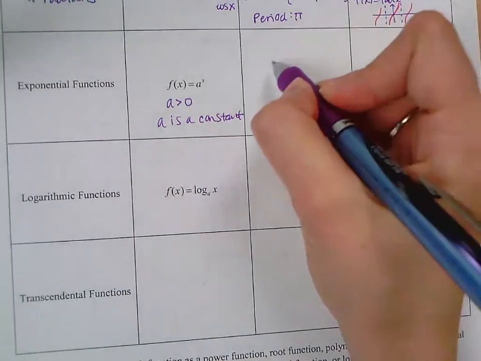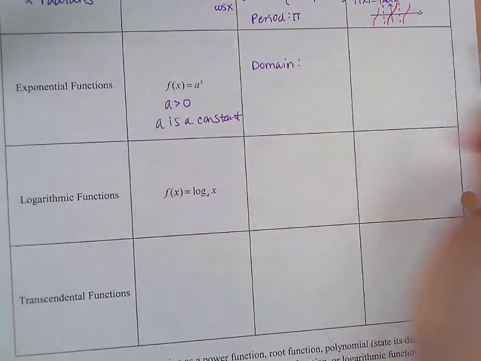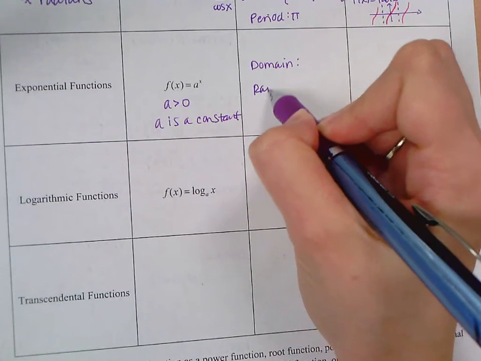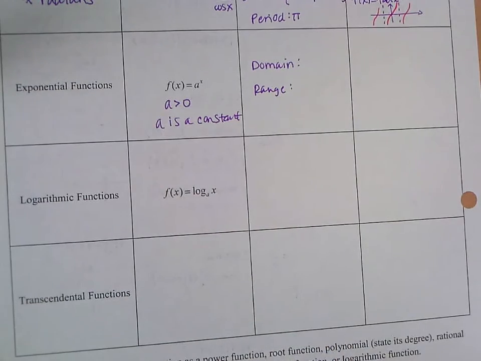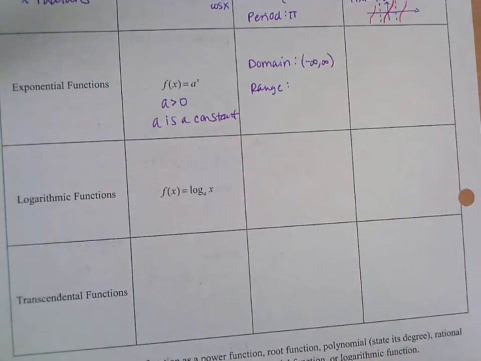Domain for exponential functions. I don't remember the domain for exponential. All real numbers. Yeah. And again, ignoring any transformations right now, if we just had something a to the x, what would the range be? Not all real numbers. 0 to infinity.